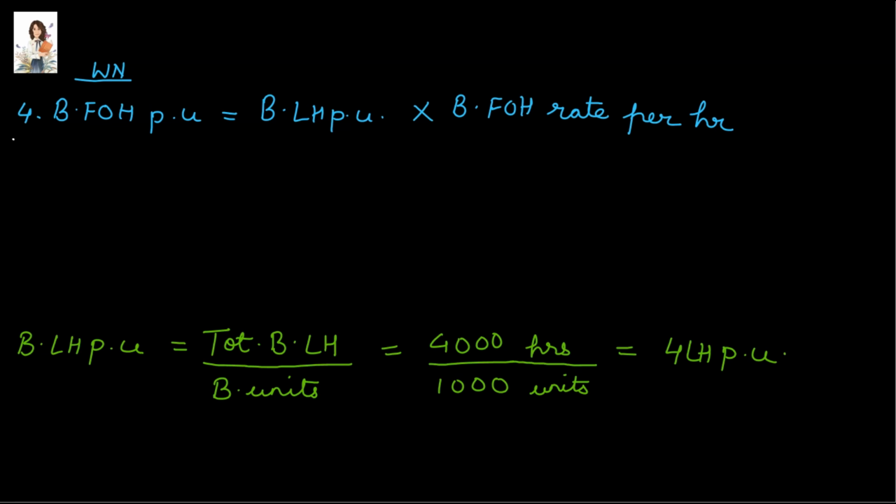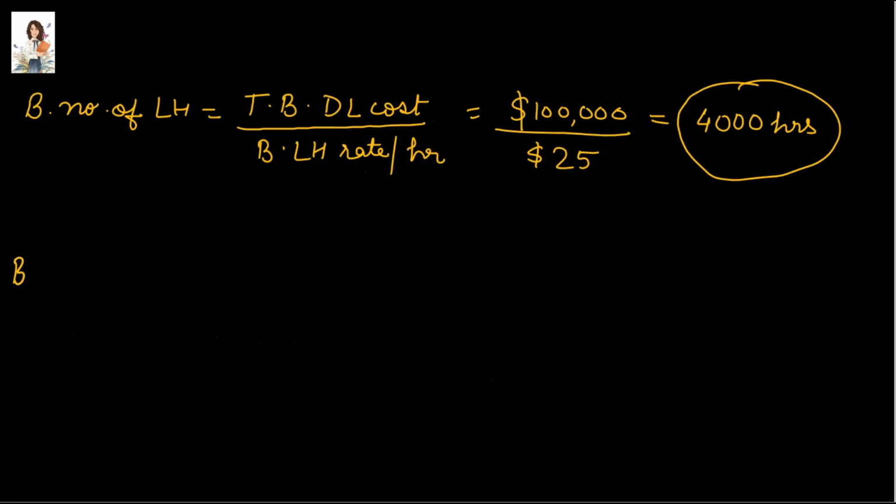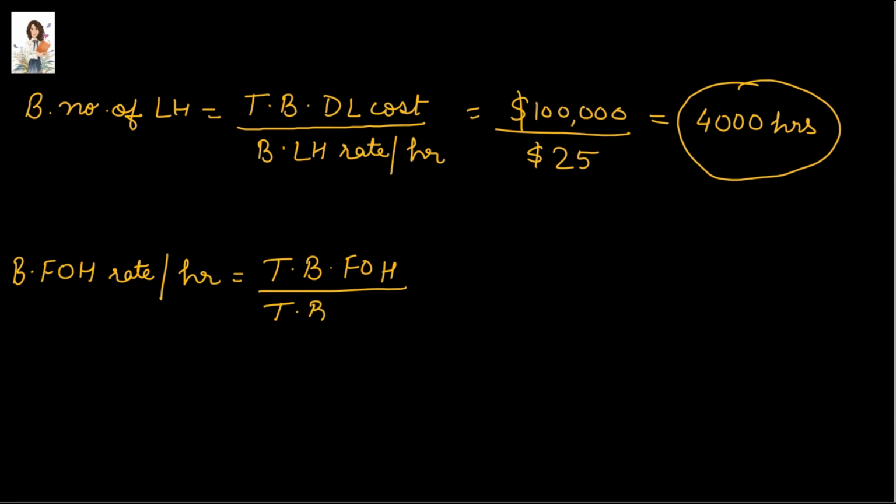In our formula for budgeted fixed overhead rate per unit, the first term is budgeted labor hours per unit and we have just found that out. It is 4 hours multiplied by budgeted fixed overhead rate per hour, which we still need to find out. Budgeted fixed overhead rate per hour is equal to total budgeted fixed overheads upon total budgeted labor hours, because remember, fixed overheads are absorbed on the basis of labor hours.